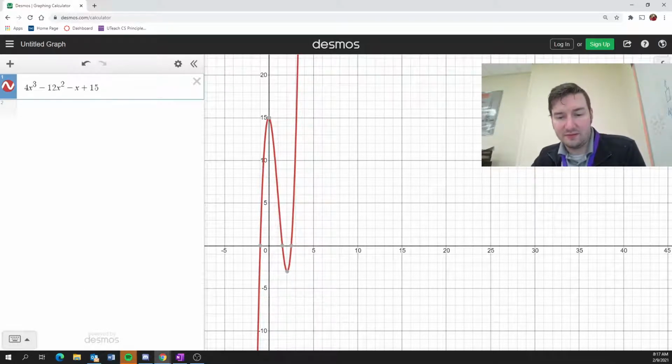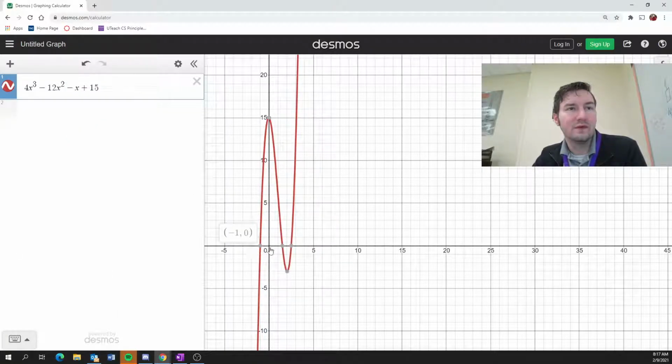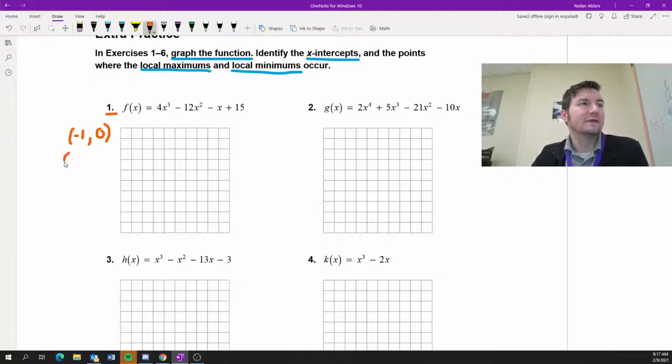Okay, so we can go back over here and say that our x-intercepts are -1, 0, 1.5, and 2.5. Am I remembering that properly? -1, 1.5, and 2.5.